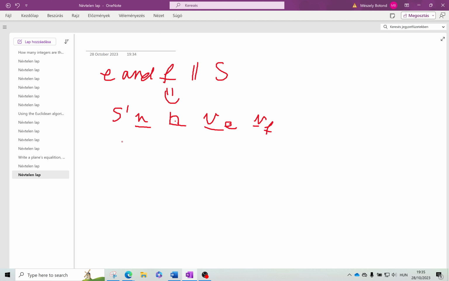And because they are perpendicular, from scalar multiplication we know that V_A times n and V_F times n both will be 0. Two vectors that are perpendicular give a scalar product of 0.